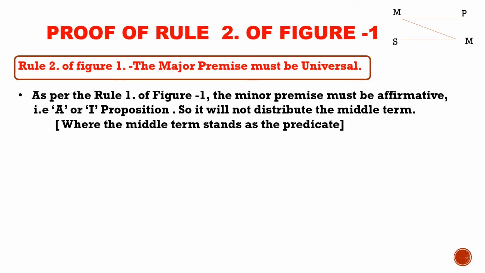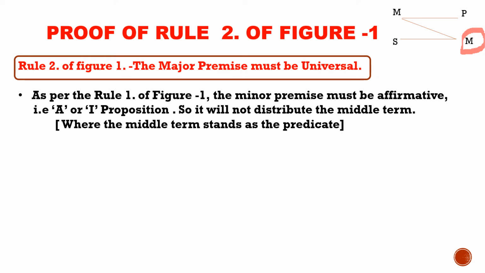what is the middle term? The middle term stands as the predicate of that proposition. And we know that if it is an affirmative proposition and the middle term is the predicate of that proposition, then it will be undistributed, because in affirmative propositions the predicates are undistributed.